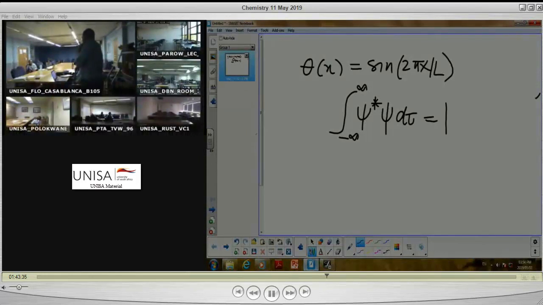Normalization, no. First, the wave function describes the particle. Outside the space we're talking about, this wave function is 0. So it's only nonzero within the space we're talking about. Integrating over the region outside will give you 0, because there is no probability of finding the particle outside this space.